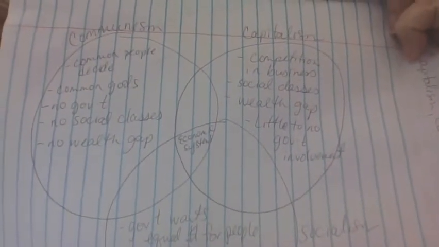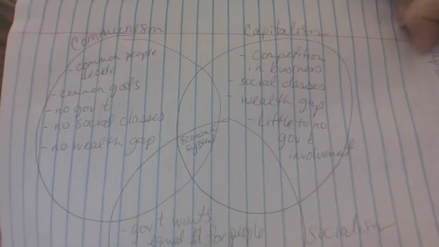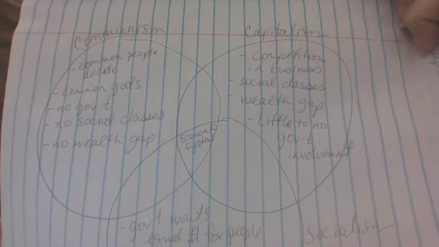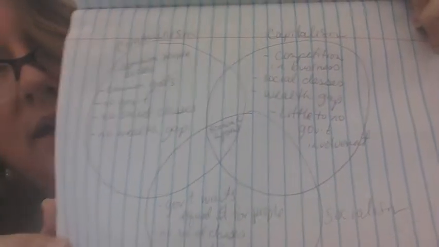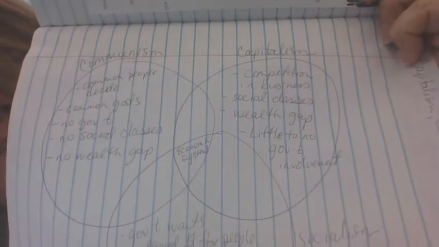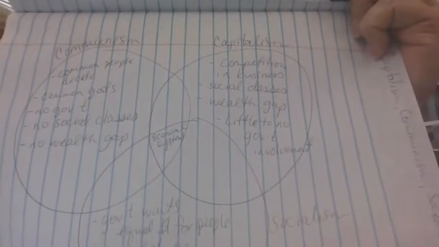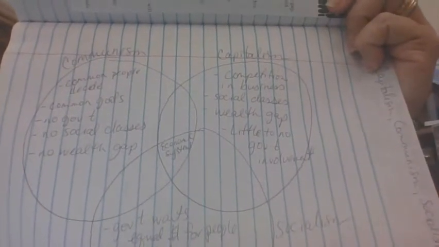As you see, we are a capitalist country. So we have competition, individuals own businesses, we have social classes, there is a wealth gap. We do have some government involvement now. That's why we're a mixed market economy, but we are still capitalist, right?